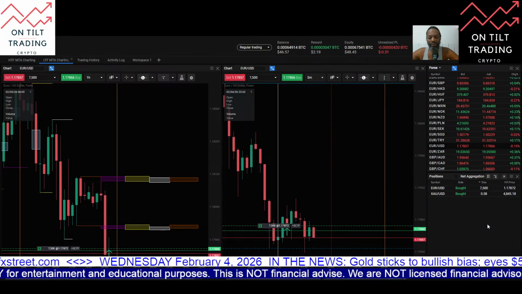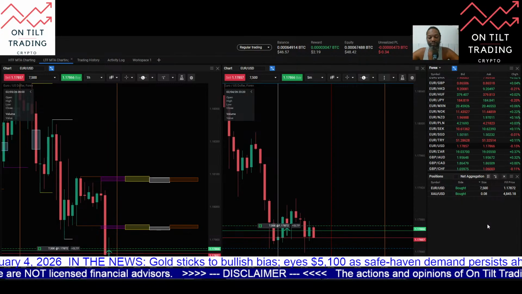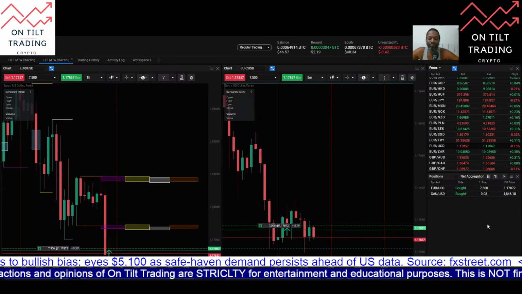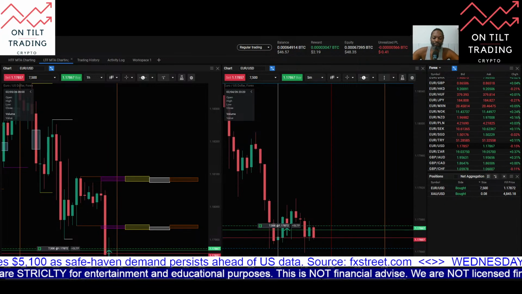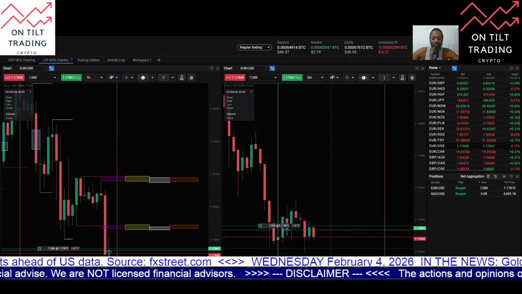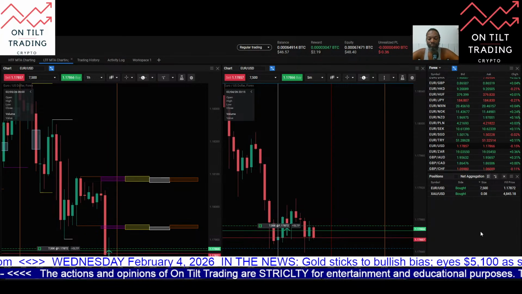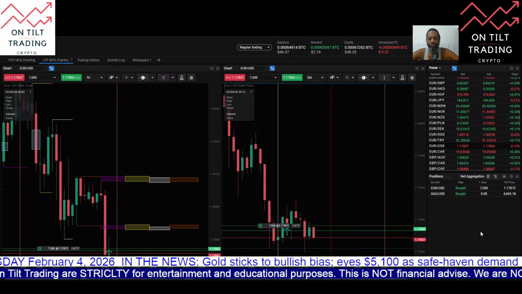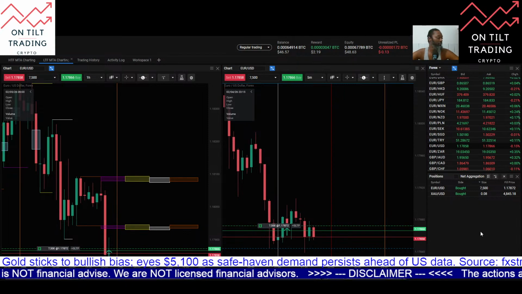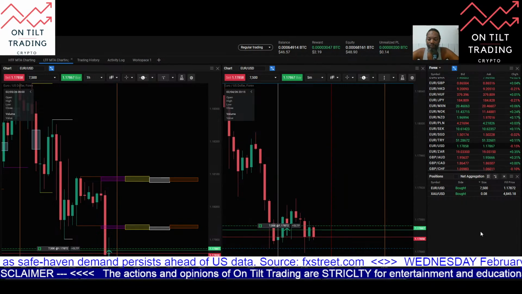Price delivering immediately to the sell side. 117.860. Price holding here around the 117.860 level.